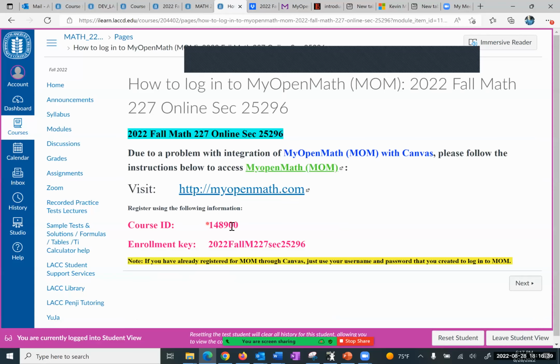Then you need this course ID, and then this is the enrollment key. All you have to do is copy and paste it so you don't make a mistake in both cases. Okay, so you go to My Open Math. You need this course ID. You need this enrollment key. Normally we don't, but now we do. So let's go back to modules.